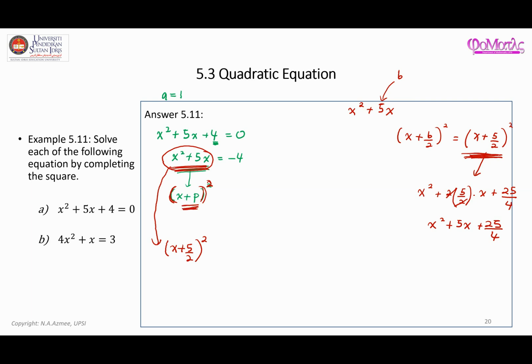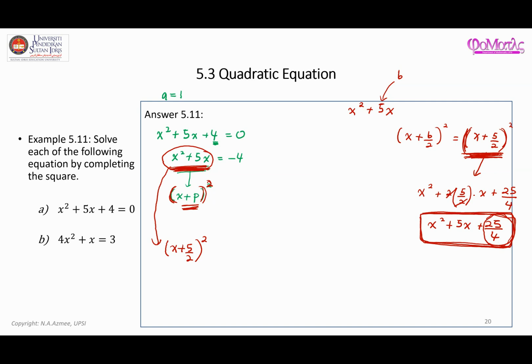However, I cannot just stop at that, because as you can see here, if you expand x plus 5 over 2 squared, you will get something different, not exactly similar to the original expression. The original expression is x squared plus 5x, but if you substitute that with x plus 5 over 2 squared, you will get this additional term that is not originally there.